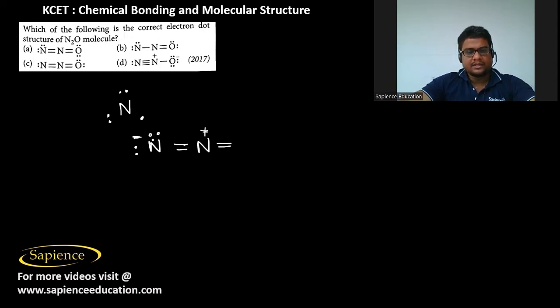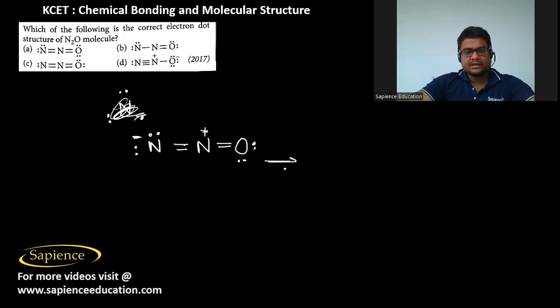Here it will have 6 electrons in the valence shell, and here we'll have 6 electrons in the valence shell in case of oxygen. So from here we can have another resonance structure.